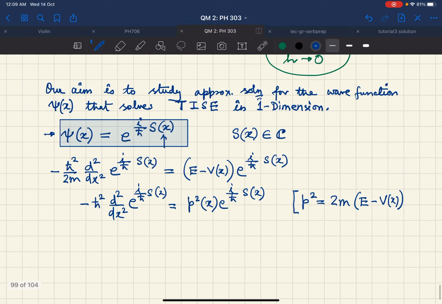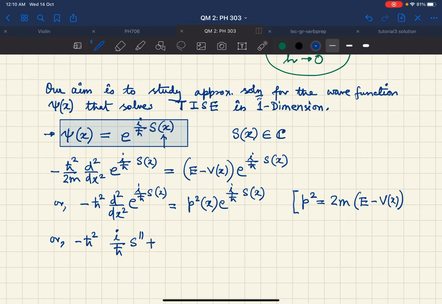Now immediately I know what the second derivative of this exponential function is going to give me. Because this is a second derivative, the first derivative acting on e to the power i by h bar s of x will give i by h bar s prime of x. Then when derived again with respect to x, it will give me i by h bar s double prime of x, and then i by h bar s prime of x will be multiplied twice.